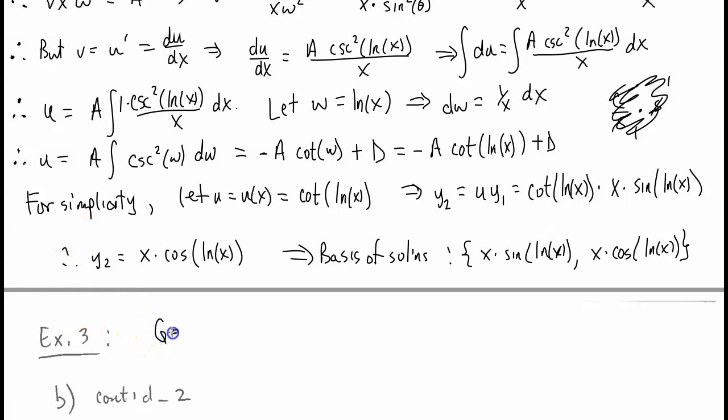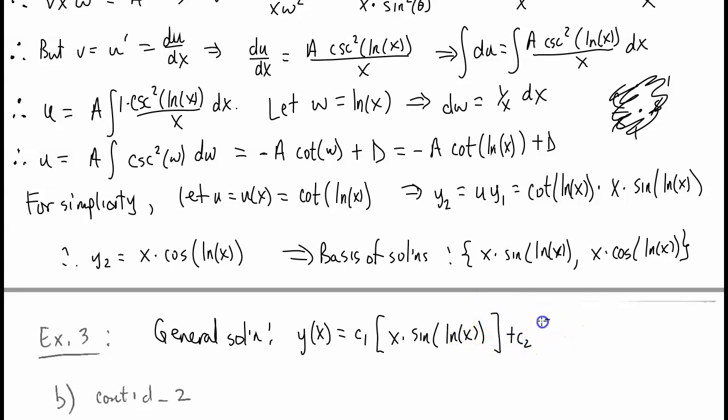So here, our general solution to our ODE is just going to be y of x is equal to C1, where C1 is any real number, times x times sine of natural log of x, and then plus C2, another real number, times x times cosine of natural log of x.